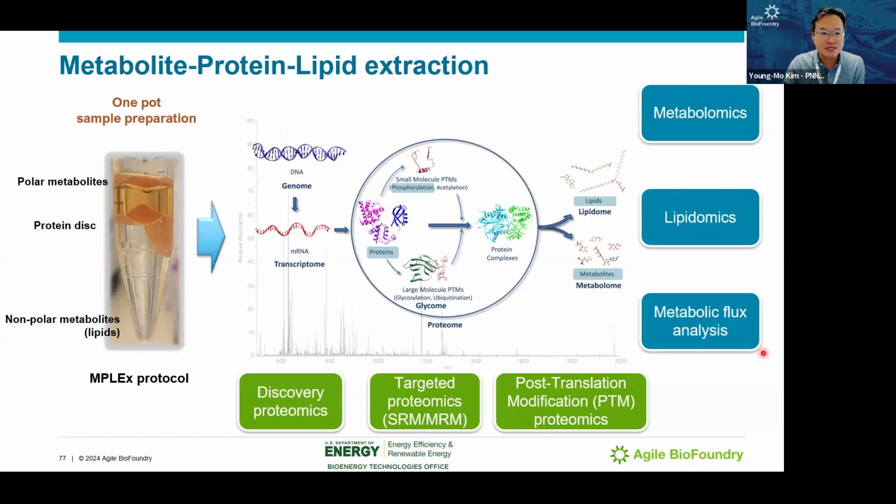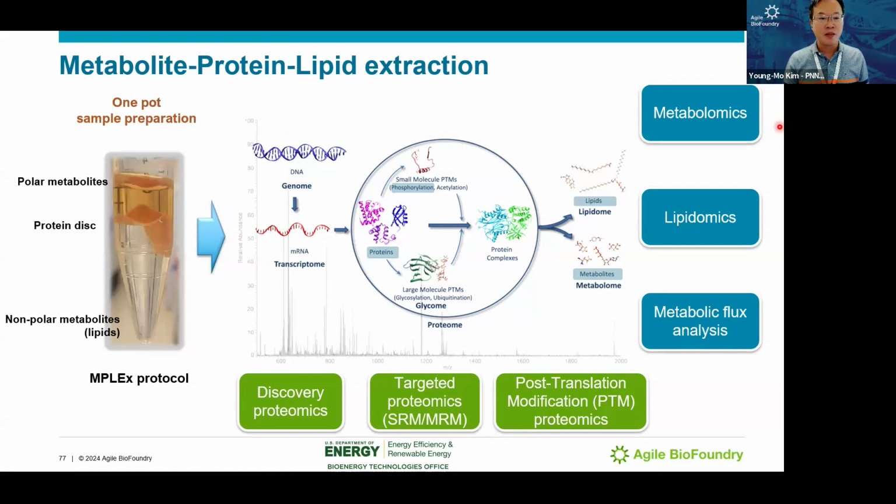So once they are extracted, we can do many different types of analysis. At the bottom we have discovery proteomics, which is just global proteomics. We measure as many proteins as possible.